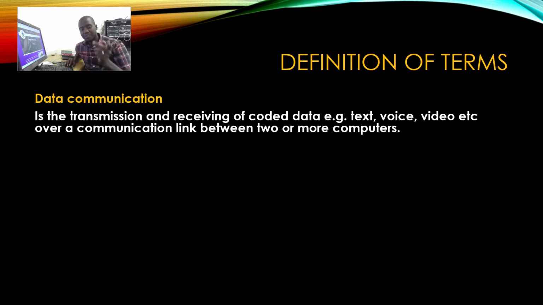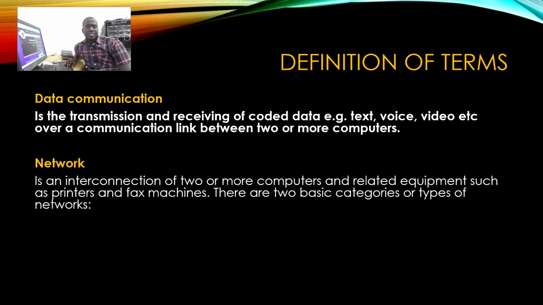But when we talk of data communication, the keyword there being data, now you are transmitting a coded data. You are now transmitting a particular piece of information. So this can either be text, this can be voice, this can be video. So when you are transmitting it over a communication link, that becomes data communication.